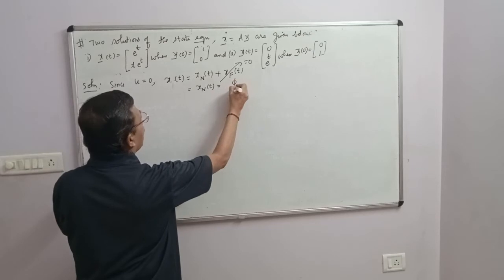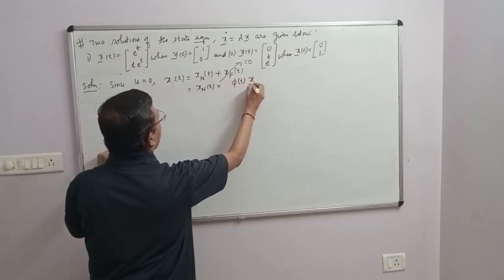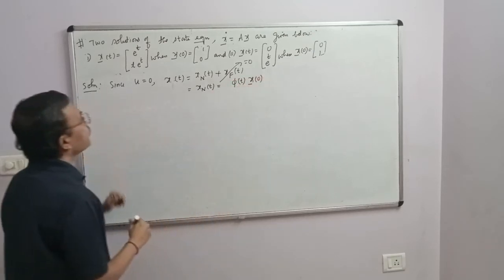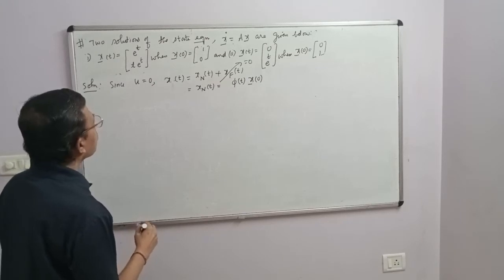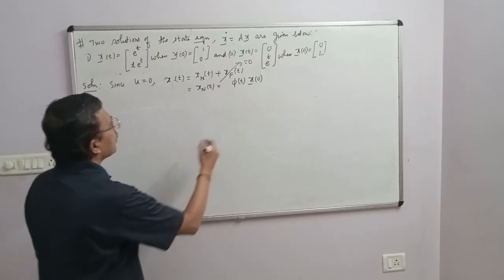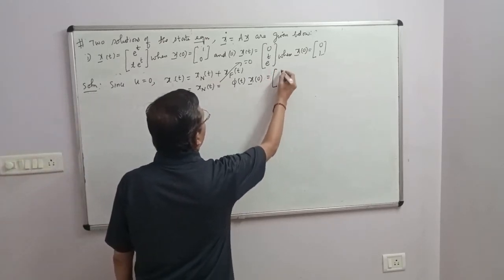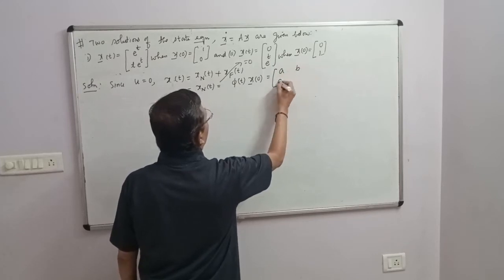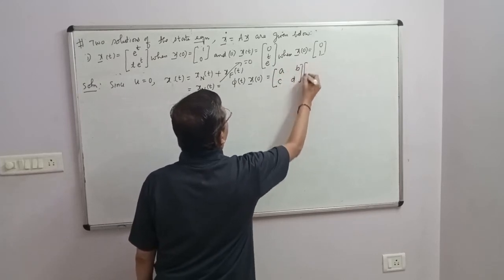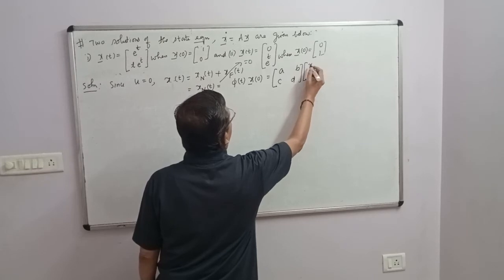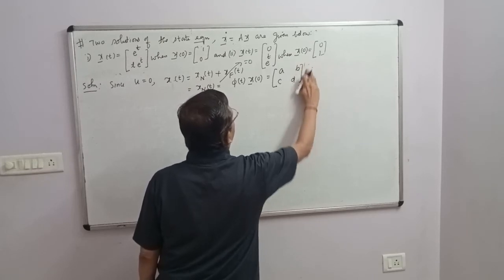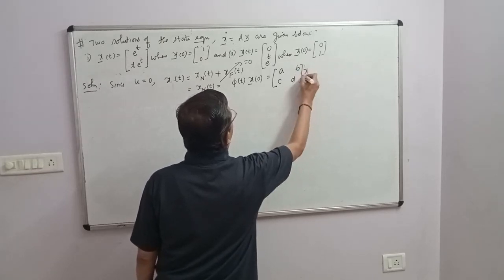What is xn of t? Phi of t into x bar of 0. So we will take phi of t to be made up of the components A, B, C, D into x bar of 0.